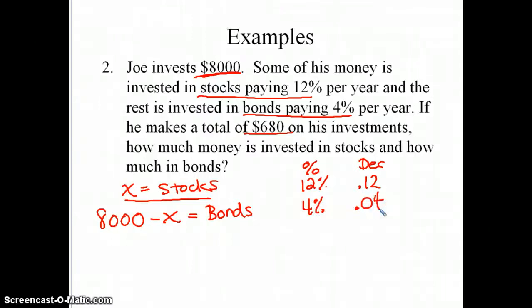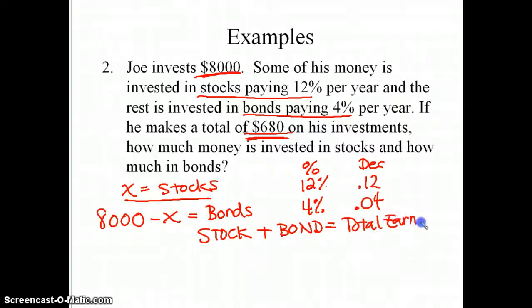Now, I know that he makes an investment of $8,000. His total return is $680. So in English, if I take his stock investment, add it to his bond investment, I end up with the total earnings.